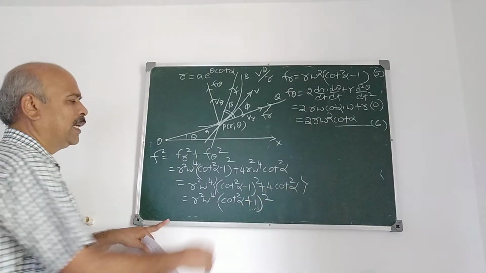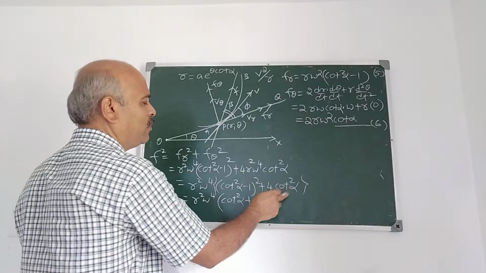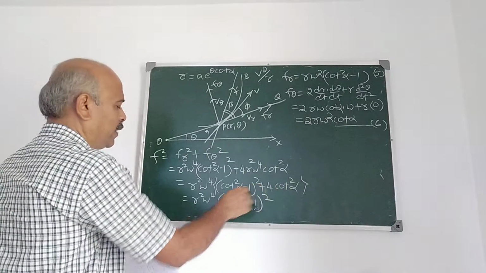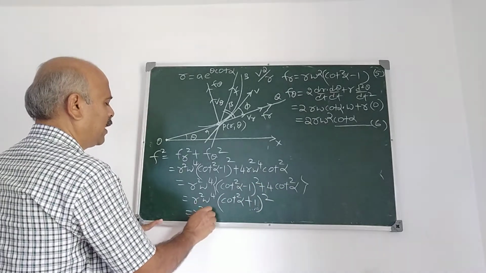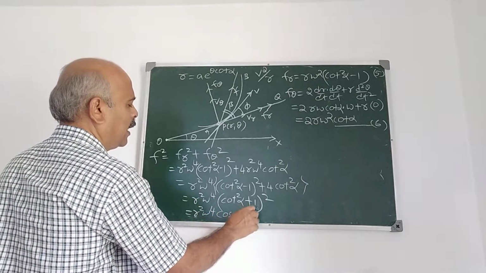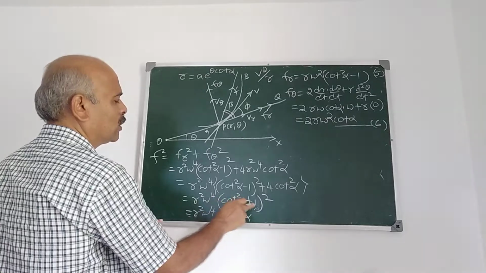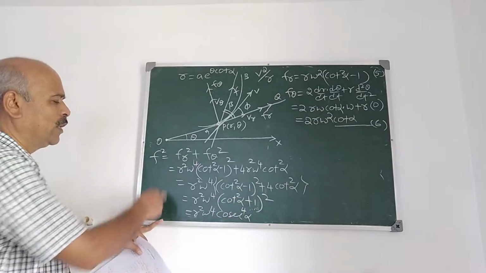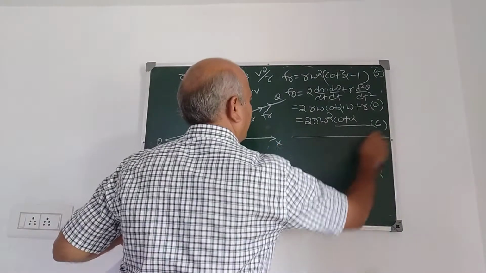Simplify this. (A minus b) whole square plus 4ab form, it is (a plus b) whole square. So r square omega raised to 4 into cosec alpha raised to 4, that is cosec square alpha whole square. But what is this? F square.